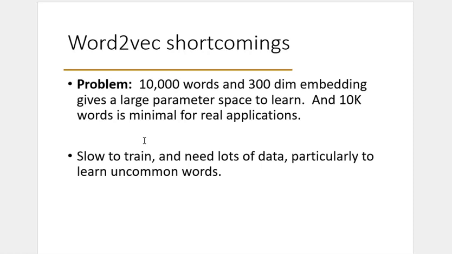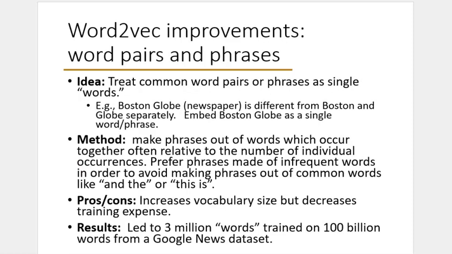So imagine how many training examples you would need to learn these parameters. It's very slow to train and needs lots of data, particularly for words that are not very common. Some improvements include, for example, treating common word pairs or single phrases as words. So instead of doing it by word, you can do it by pair.